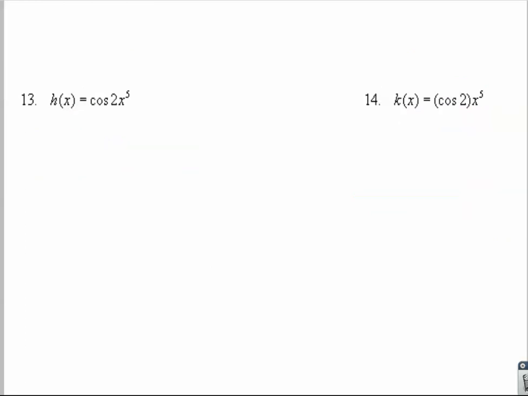Let's try a couple others, and notice how similar they look, yet are very different. This one is the cosine of 2x to the fifth. I'm going to rewrite it. Cosine of 2x to the fifth. You won't see parentheses, but it implies parentheses around that. This one, the parentheses is around cosine 2. This is just a coefficient, a constant multiple.